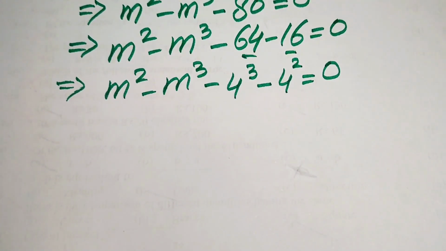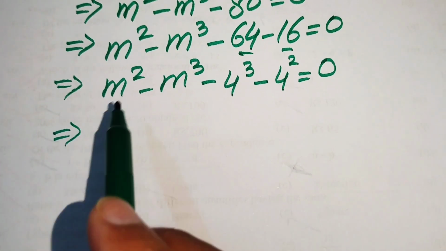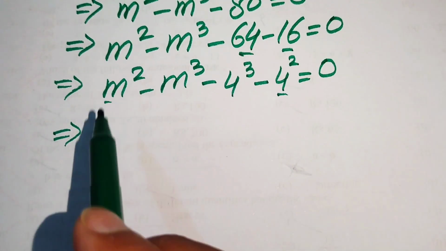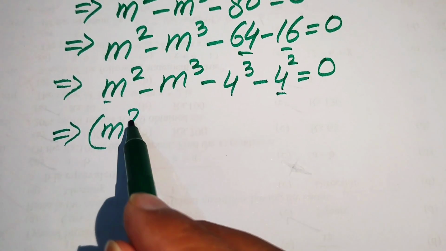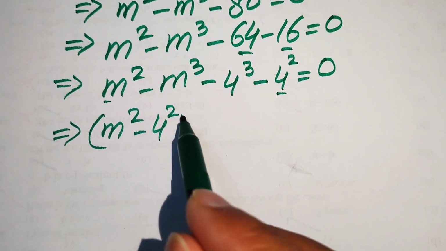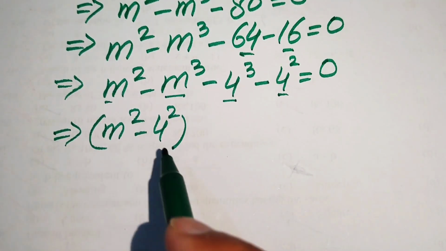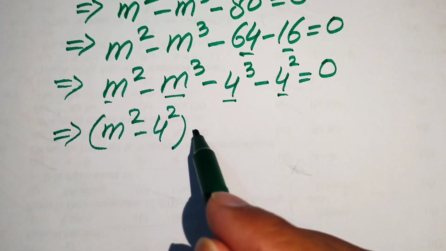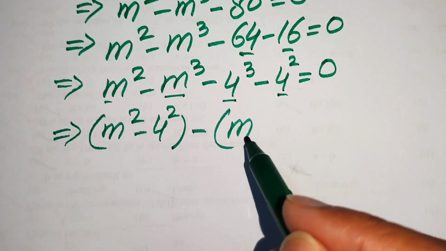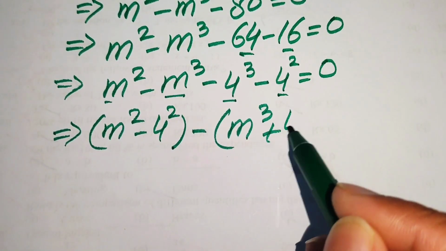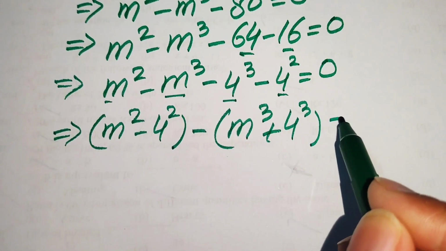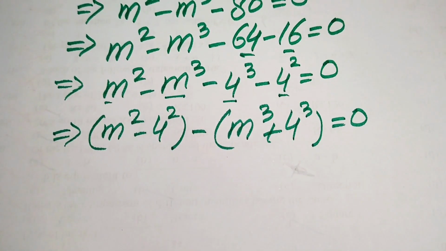Further we make a pair of this square term with this square term, and it is written as m² minus 4². We make a pair of this cubic term with this cubic term. Here we need to take the common minus 1, and the remaining terms are m³ plus 4³ equals 0.